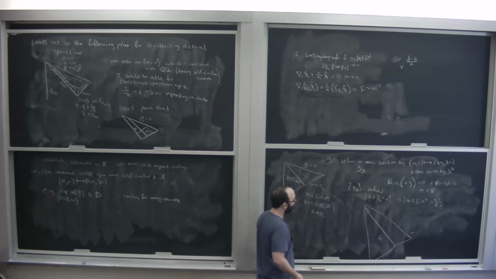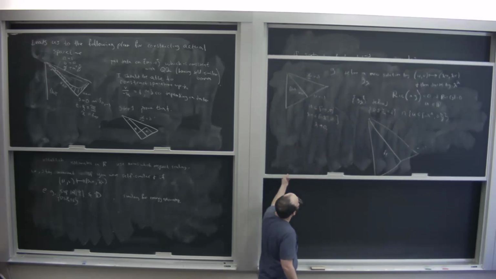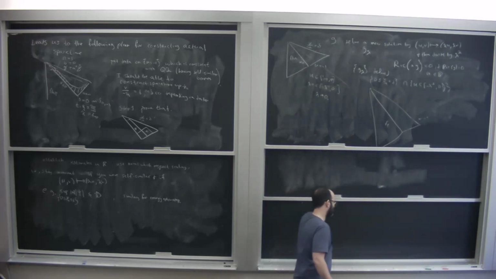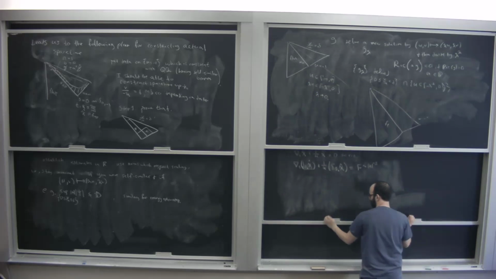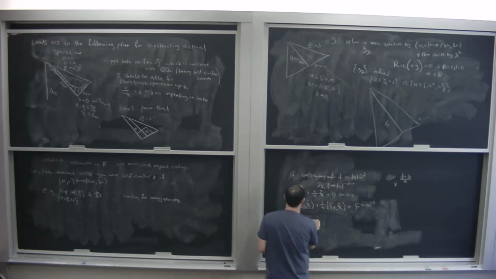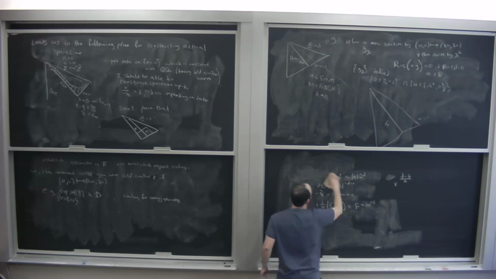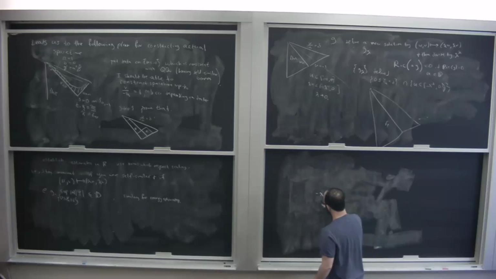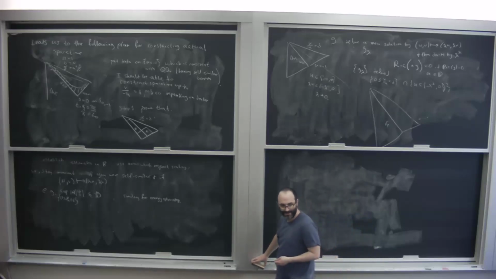But there's a better way to approach it. There's a way to prove something better, which has implications in other settings, which is the following. Whenever you do these kind of compactness arguments, there's always this issue that the limit is hard to characterize.